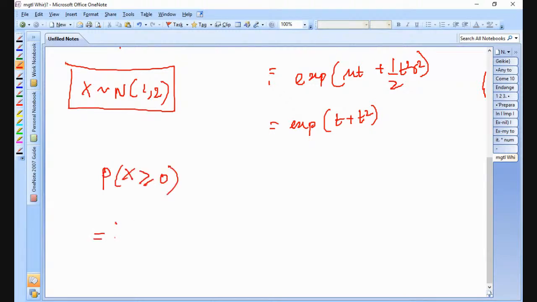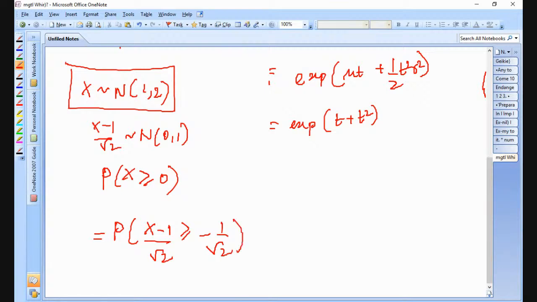We need to standardize it, so 0 minus 1 by root 2. Then X minus 1 by root 2 follows normal 0, 1, the standard normal. So this is equal to minus 1 by root 2. So it's equal to 1 minus probability Z less than minus 1 by root 2.